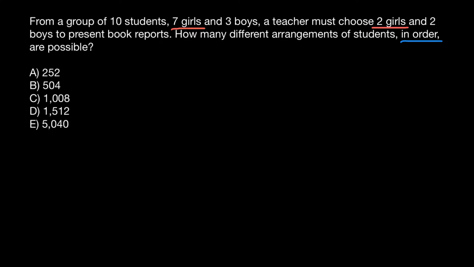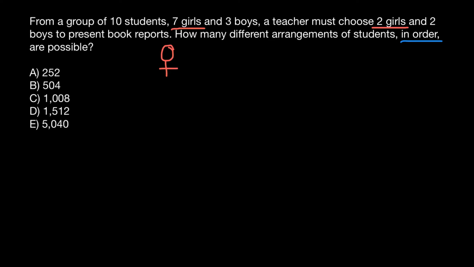And I'm going to use a method familiar to those of you who study genetics, which we call the Punnett square. Let's pretend, for example, this is going to be girls. And let's say that the girls have names 1, 2, 3, 4, 5, 6, 7.